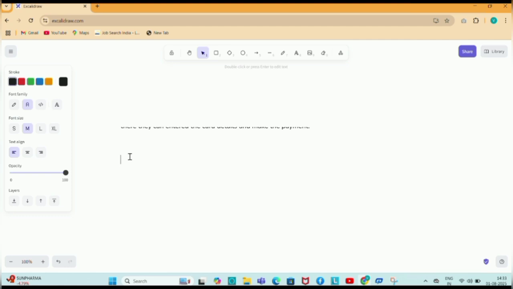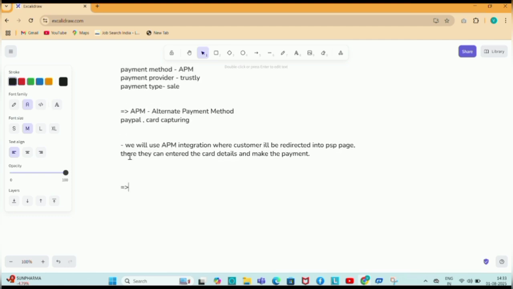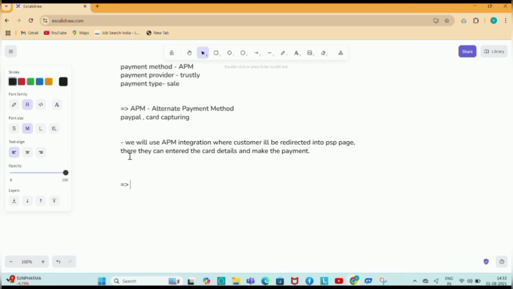So here we see a central payment integration system, and how it will work.